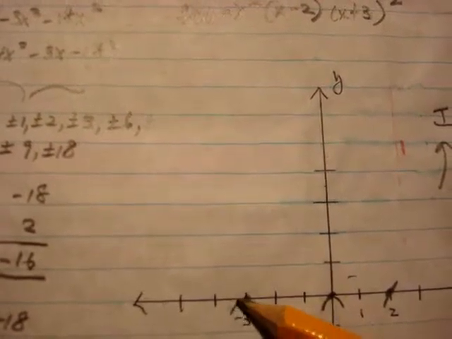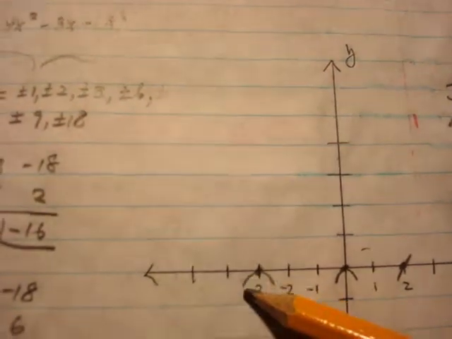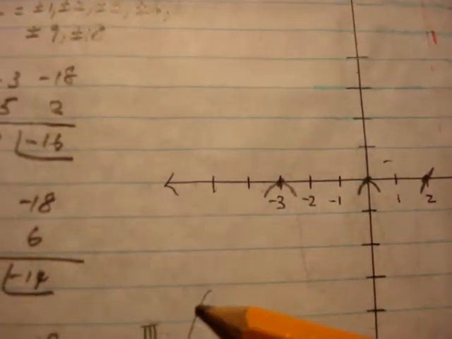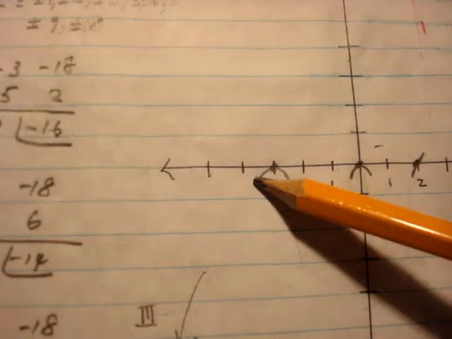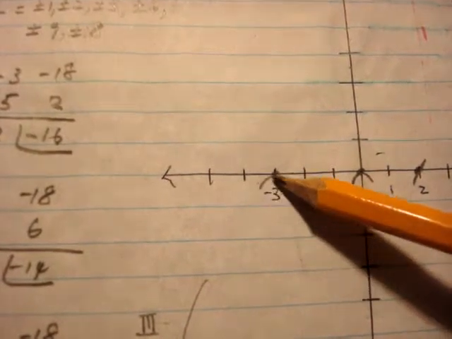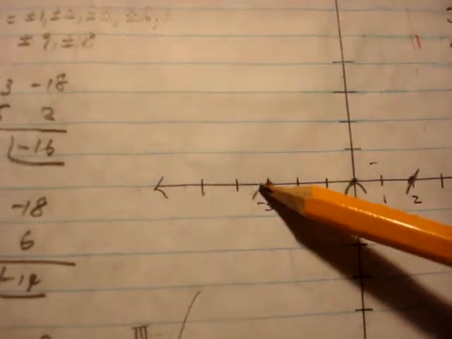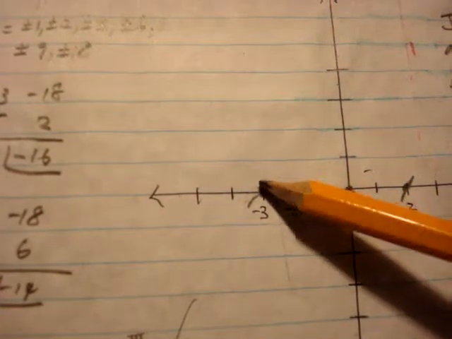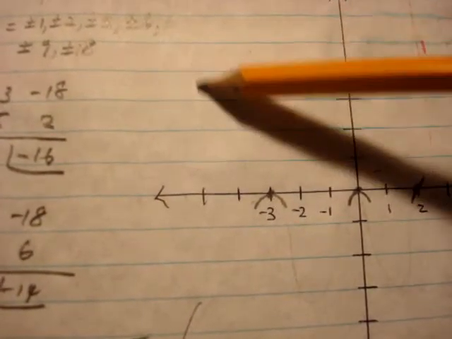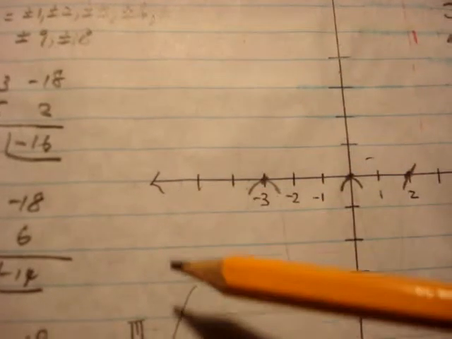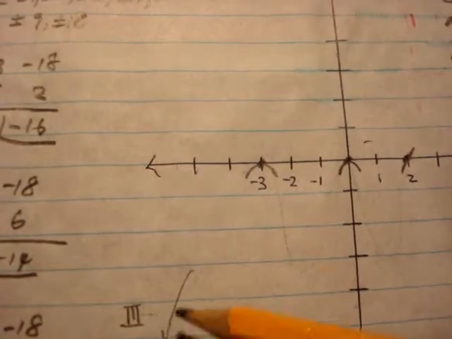So it will touch like this way because the end behavior is right here. It will be a U shape like this. It will not be like this way because the end behavior is not on the second quadrant. The end behavior is on the third quadrant.